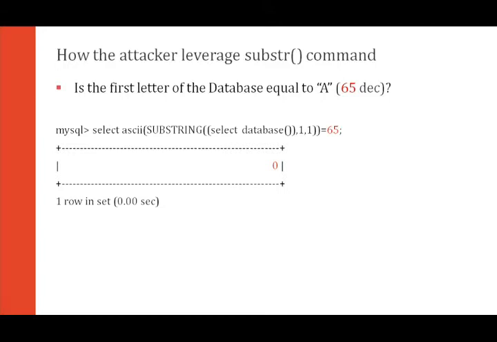And then we check if that number is 65. We know that the first letter is letter C, that in decimal is 67. So that's why when we are asking here if the letter is equal 65, we get a 0 response, which is false, right?